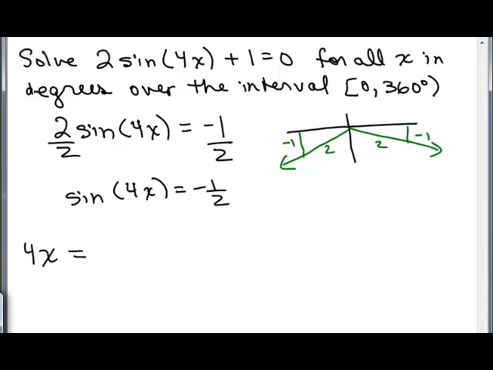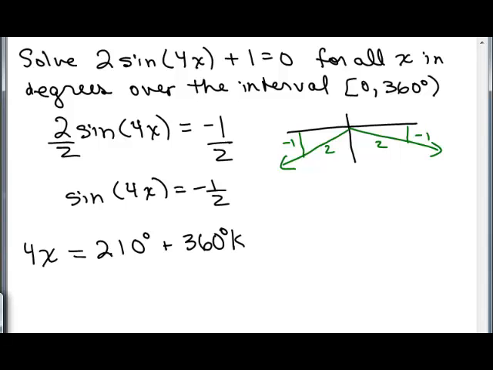So what angles are these? Let's say the positive values here, and we're doing it in degrees. So this would be 180, and this is a 30-degree angle right here. So 180 plus 30 is 210 degrees. So that's one possibility. It could be 210 degrees, but I don't mean multiples of 210, I mean you could add multiples of 360 degrees.